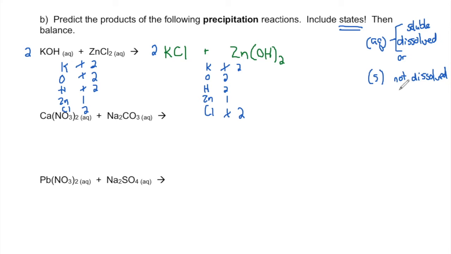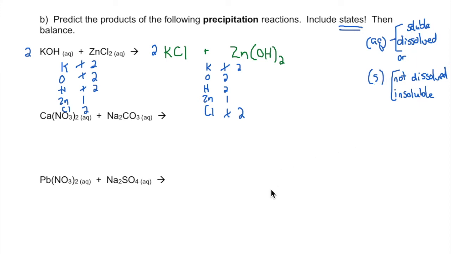If something is not soluble, then it is not dissolved, and that will be our solid precipitate. Some people get a little bit confused because S stands for solid, not soluble. So don't get confused with that. If something's soluble, it will be aqueous. If something's not soluble, it would be S for solid.